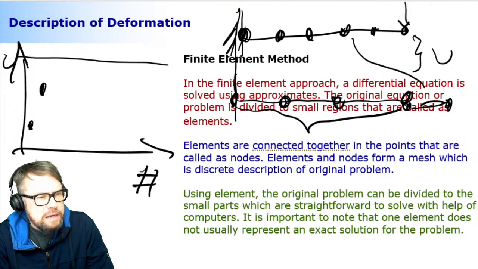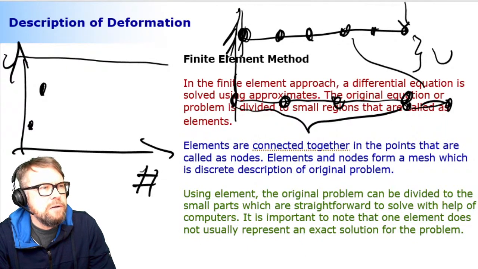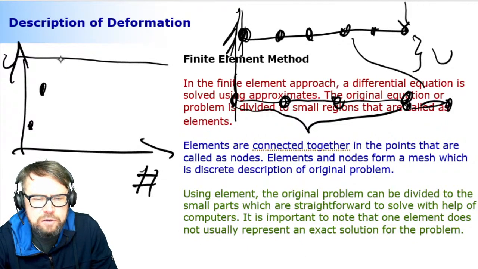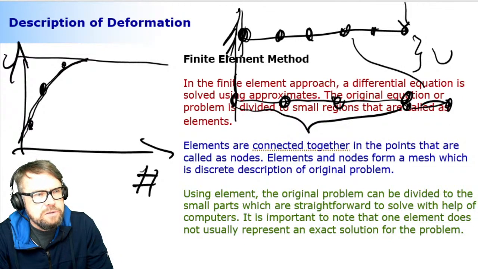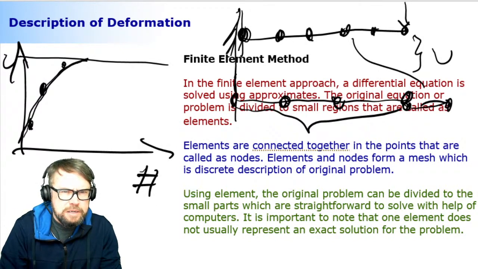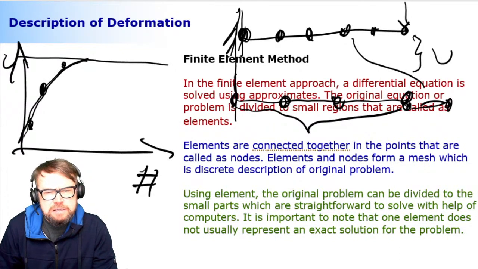Once you keep on adding elements, your solution gets better and better, and finally it converges to the correct solution. This here means convergence rate, how fast you can reach a solution that is considered acceptable. We will get back to this because this is one of the basic things in finite element modeling.